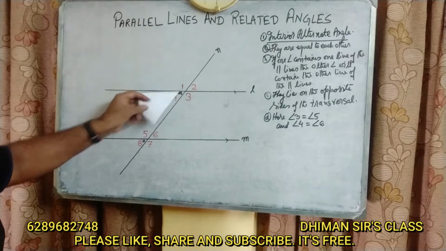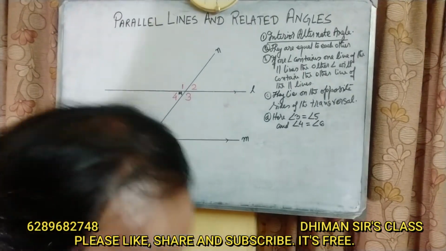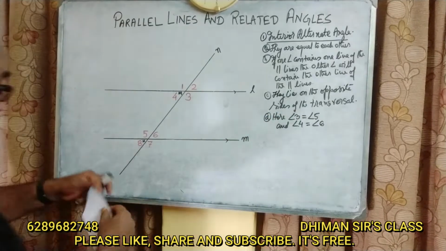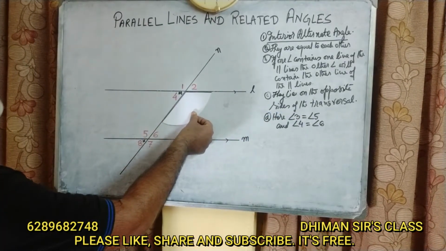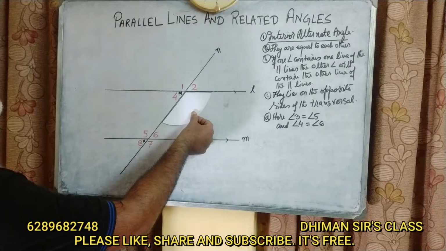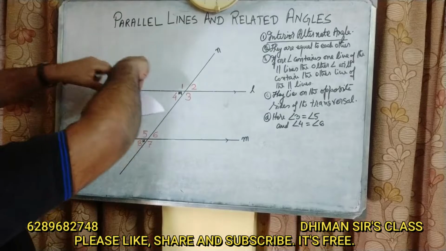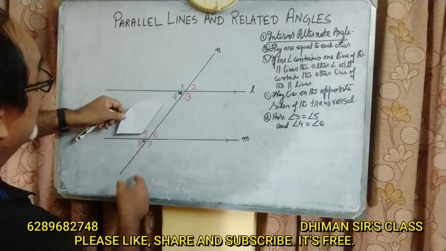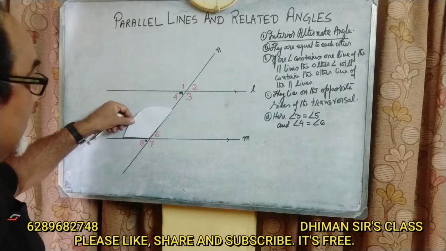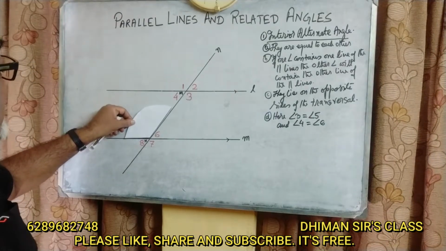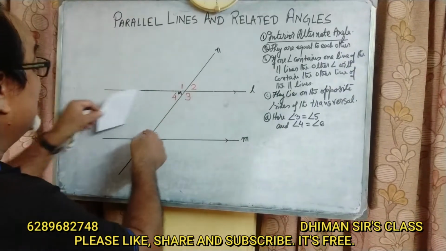Similarly, wait, we have taken angle 3 first. Let me show you angle 3 is equal to angle 5. First let us show angle 3. So it is matching, angle 3 is matching. Isn't it? See, this angle is matched. Naturally, is angle 5 equal or not, let us check. You can see angle 5 also is matching.